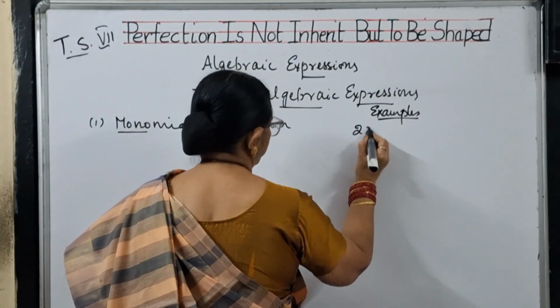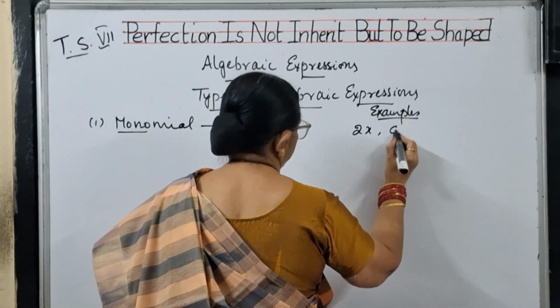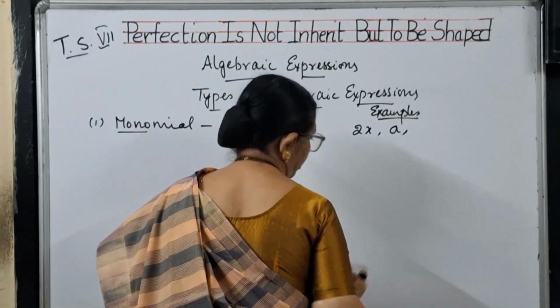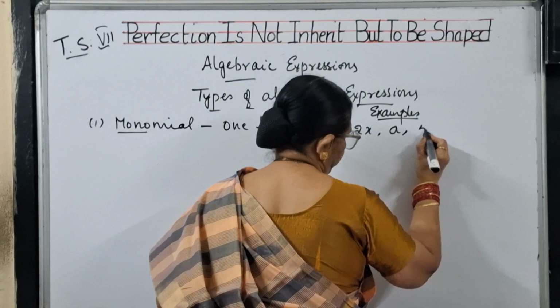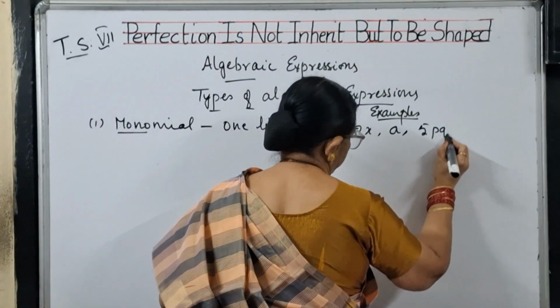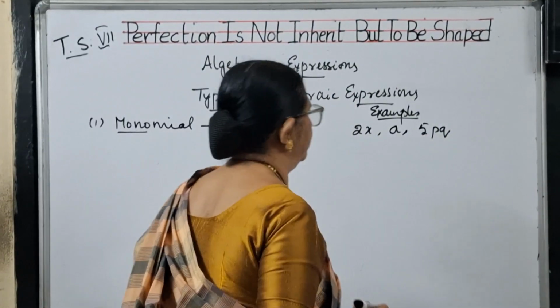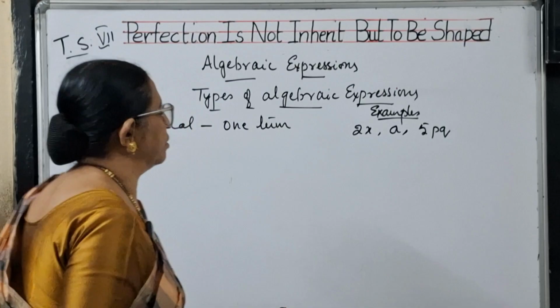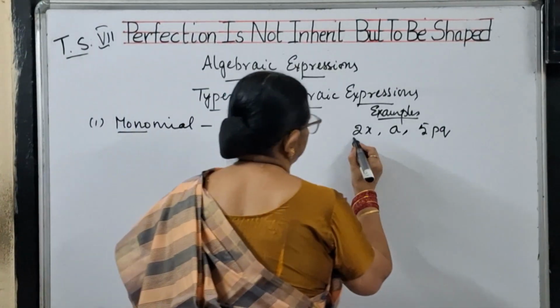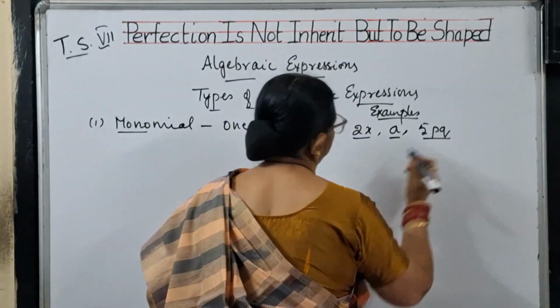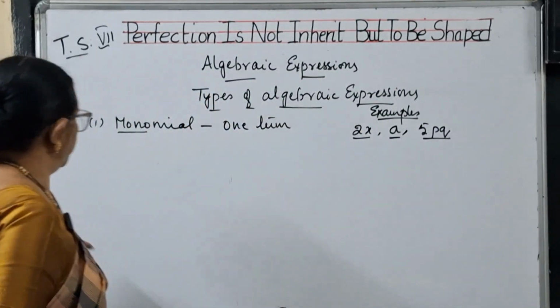You can write 2xa, or you can even write 5pq, etc. This kind of thing is called monomials. Each one is one term. This is one term, this is one term, this is one term. These are all called monomials.